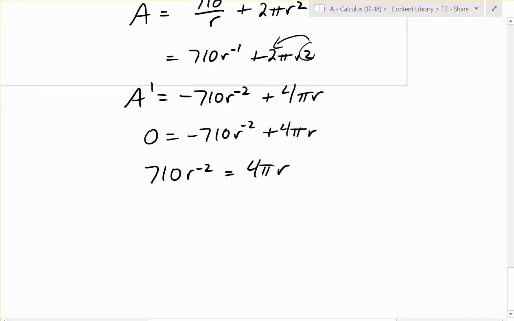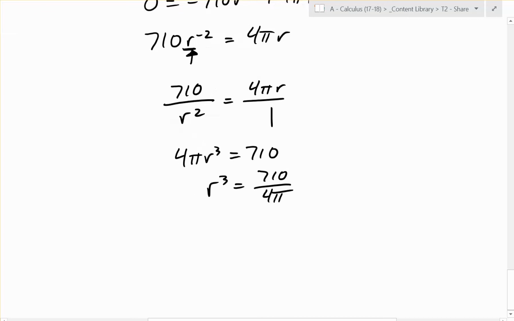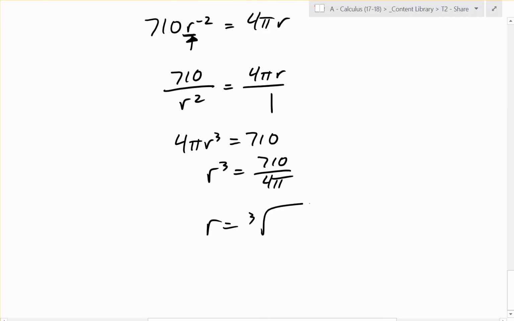And to the negative 2 power means this r, just the r, that negative 2 power is not touching the 710. So it's 710 over r squared. It's going to be equal to 4 pi r. That'll put it over 1, just like that. So now let's cross multiply. 4 pi r cubed is equal to 710. So r cubed is 710 over 4 pi. So r is equal to the cube root of 710 over 4 pi.